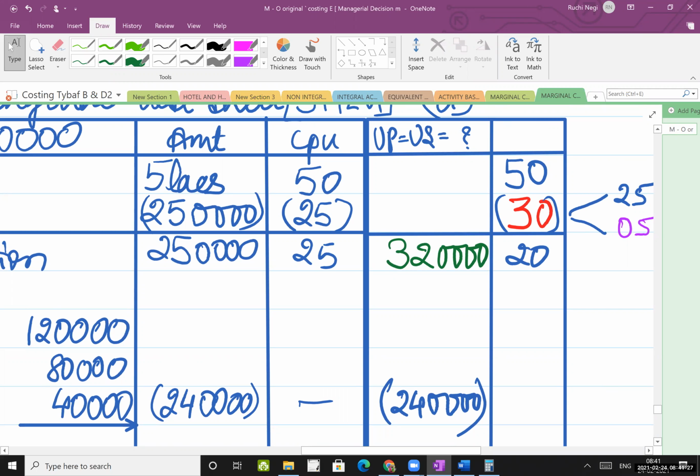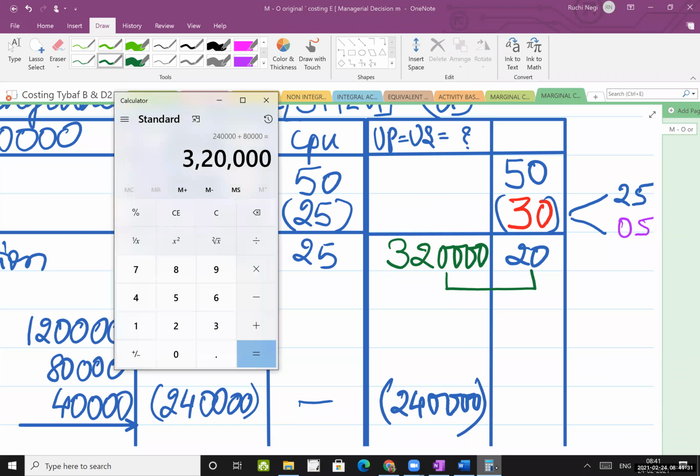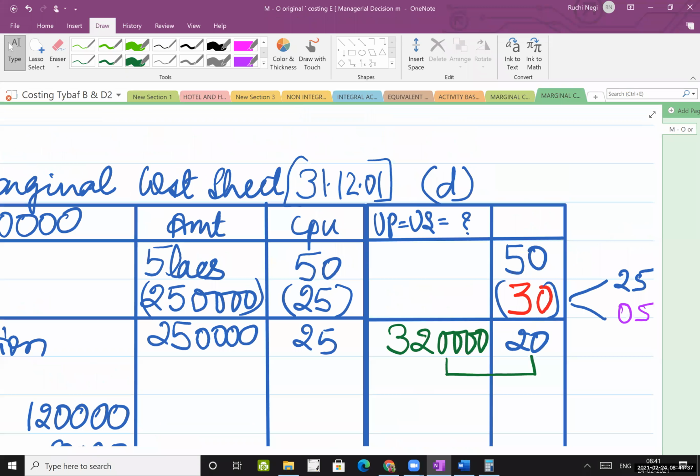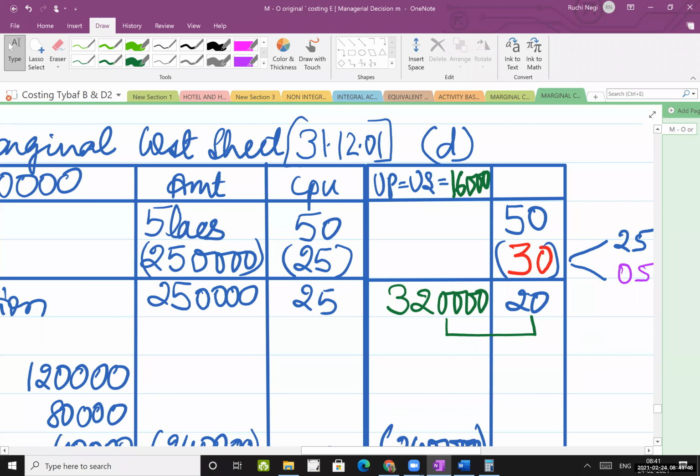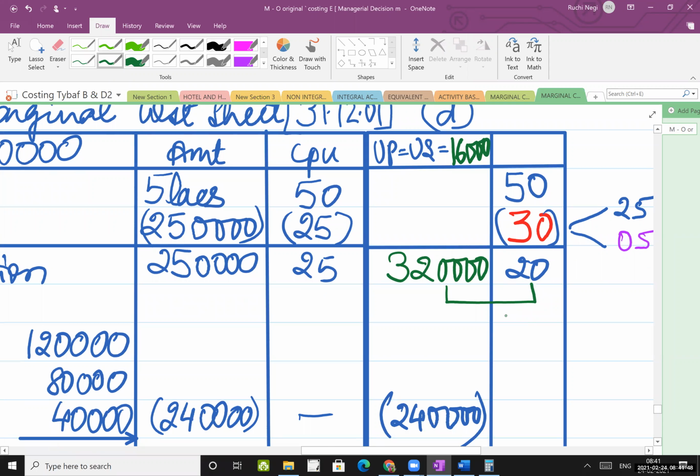So divide this and see. 3,20,000 divided by 20 is how much? 16,000. तो मिल गया आपको यूनिट सोल्ड 16,000. Am I clear? When you divide this, you will get the quantity automatically, 16,000.